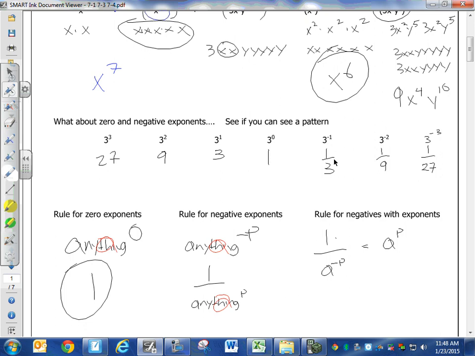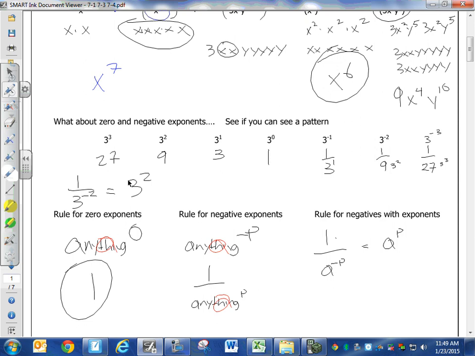3 to the negative first is the same as 1 over 3 to the first. 3 to the negative second is 1 over 3 squared. 3 to the negative third is 1 over 3 cubed, right? Well, what if I gave you 1 over 3 to the negative second? What would that be equal to? Just 3 squared. It's just the opposite.